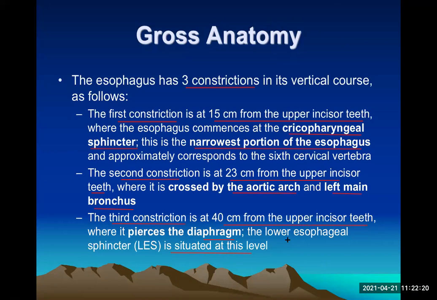Exactly at the level of the piercing of the diaphragm, the lower esophageal sphincter is present. This is roughly 40 centimeter from the upper incisor teeth. But remember, the length of the esophagus is around 25 centimeter only.